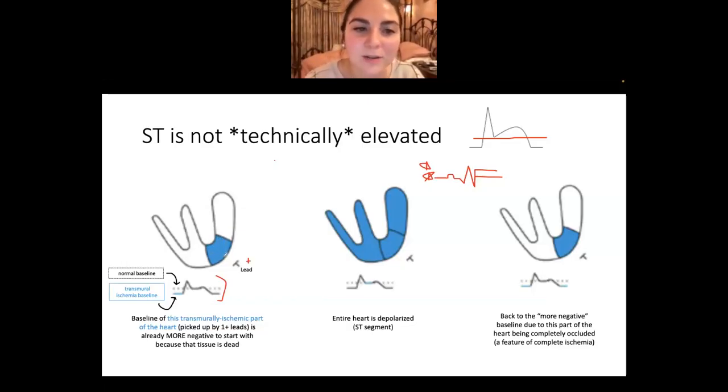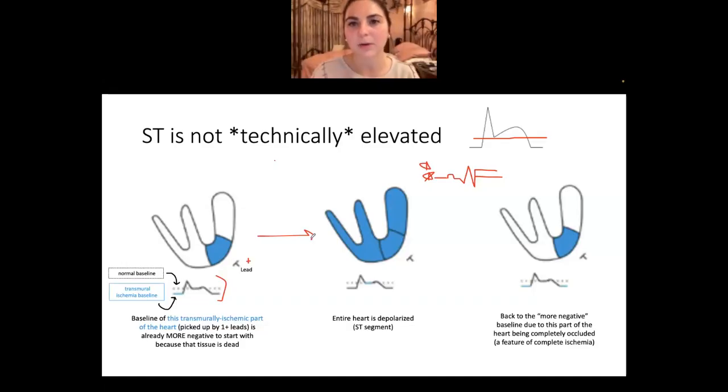When every single cell in this little segment is dead, it's going to start lower than the normal baseline. So maybe instead of being -70, it'll be -90 or -100. So this blue is now starting down here, and then it undergoes normal depolarization.